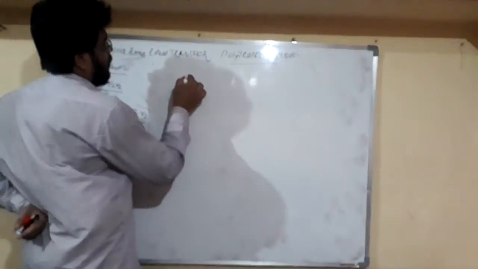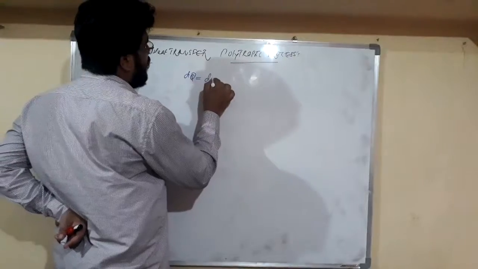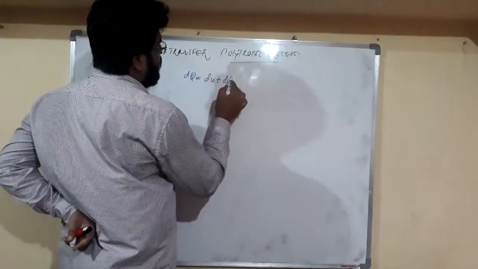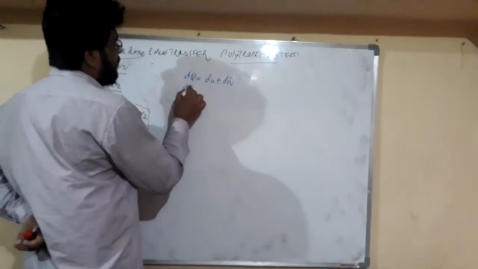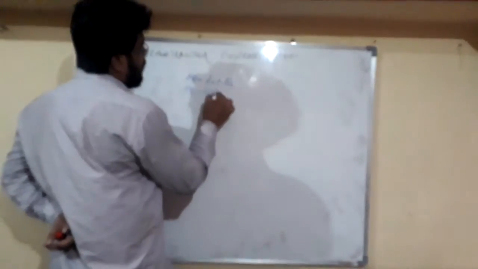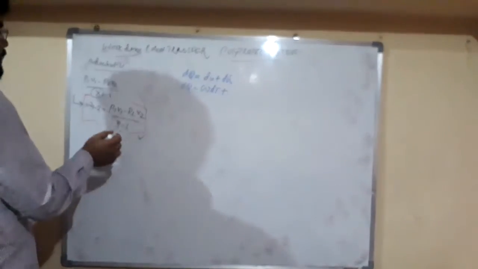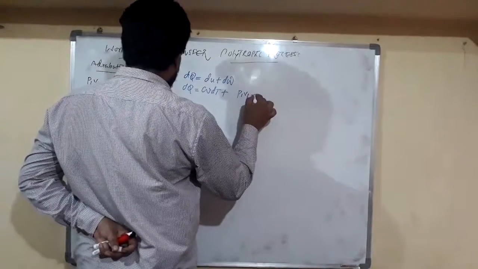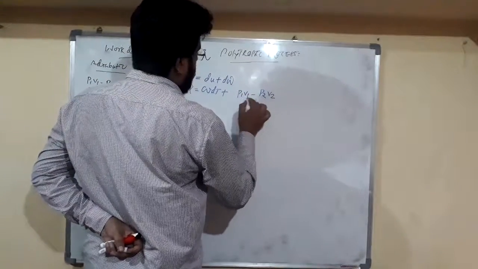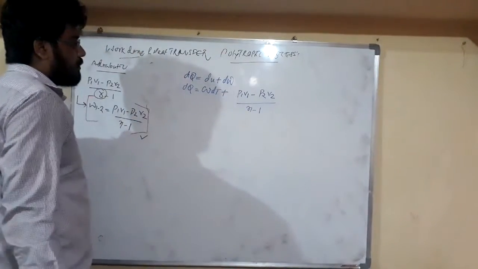This is our process, so we apply the first law of thermodynamics: dq is equal to du plus dw. Dear friends, we want to derive dq. du is equal to Cv dT, as we know. And dw in case of the polytropic process is (P1V1 minus P2V2) upon (n minus 1).